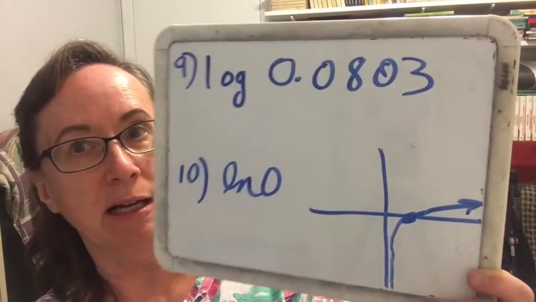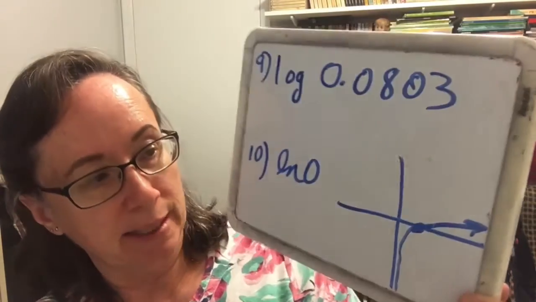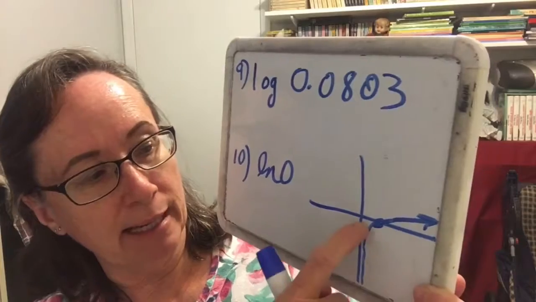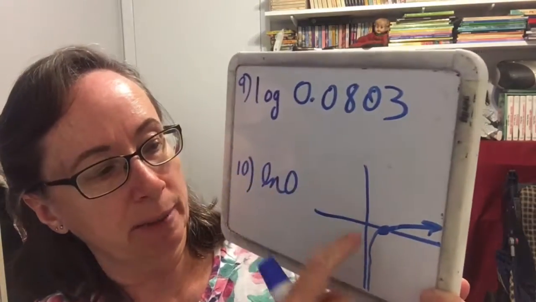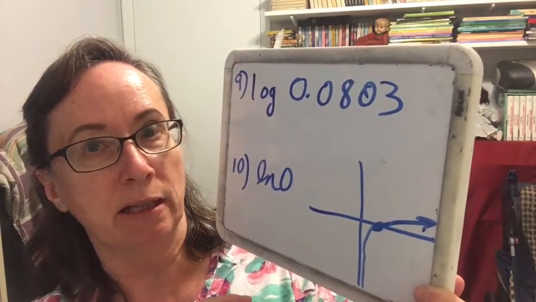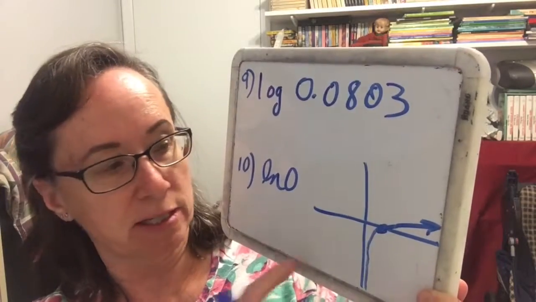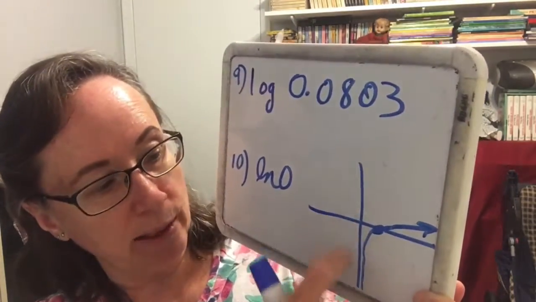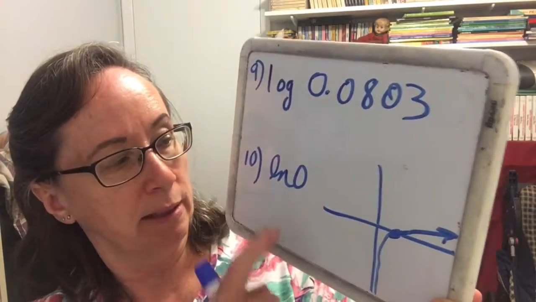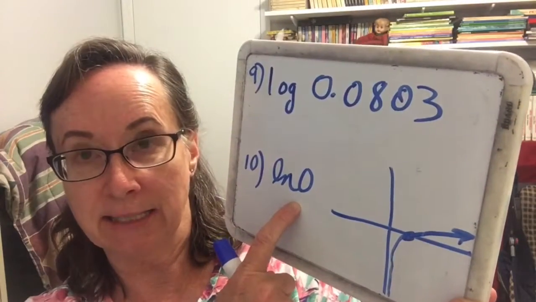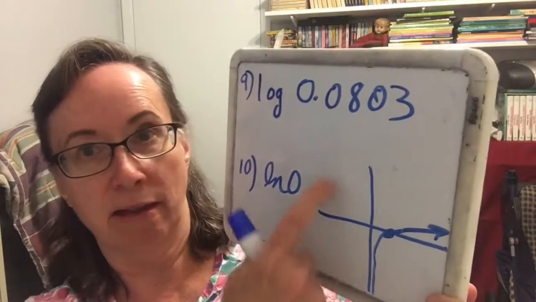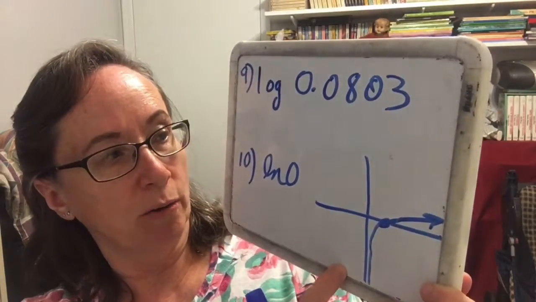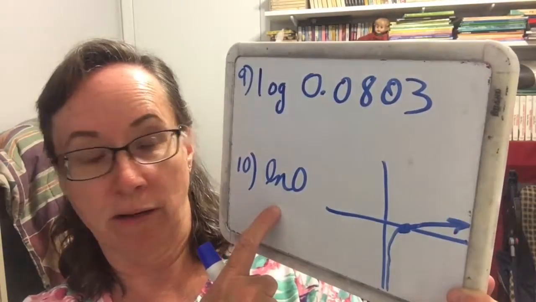We cannot have a log of 0 because it's approaching an asymptote.